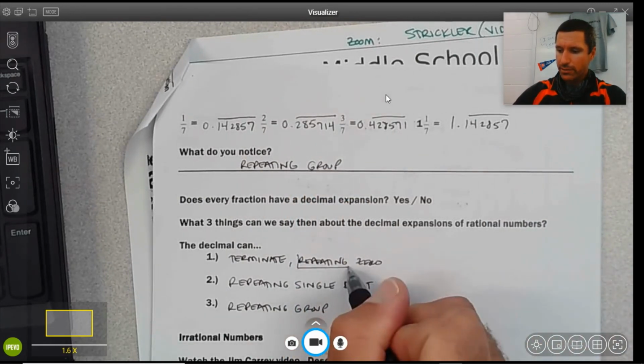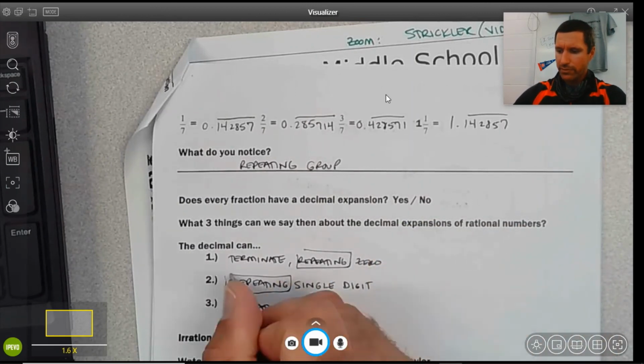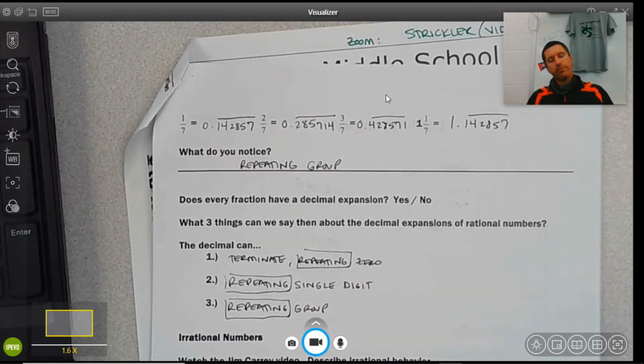Even if you repeat 0, that's still repetition. Repeating single digit, obviously, 0.3 repeating, 0.4 repeating. Repeating group, 142857, 142857. The common thread between those is you have something that repeats, that you can duplicate and know what's going to happen. So therefore it's rational.